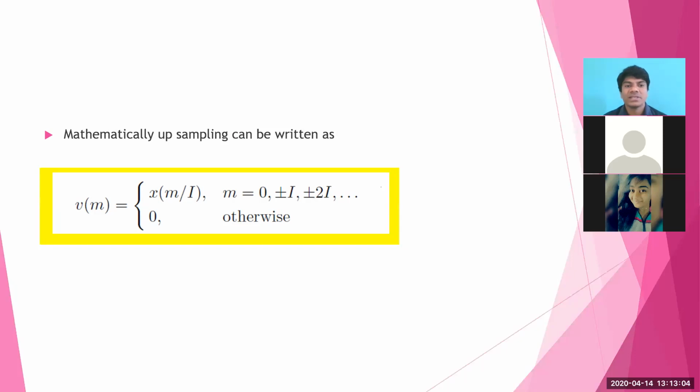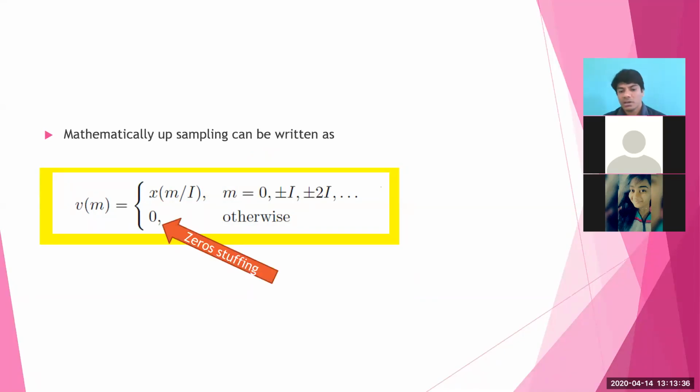You can see this highlighted expression, where x of m by I indicates an expansion. We are taking the sequence x of n and expanding it so that we have empty spaces where we can insert these zeros.